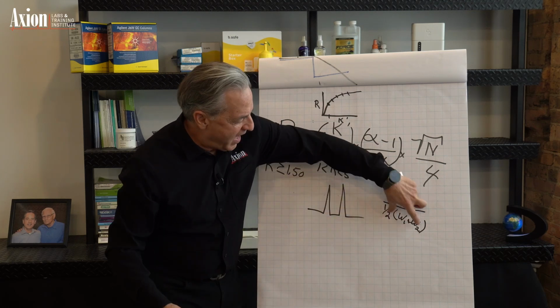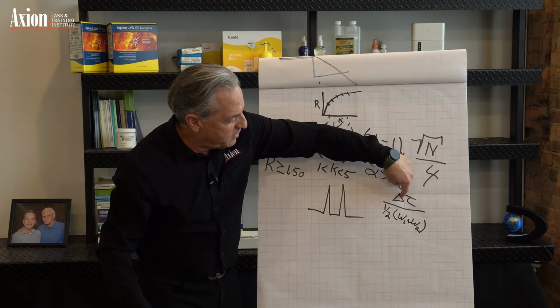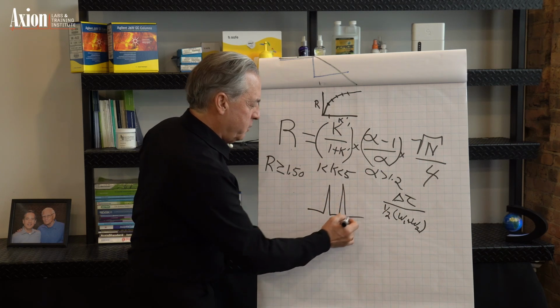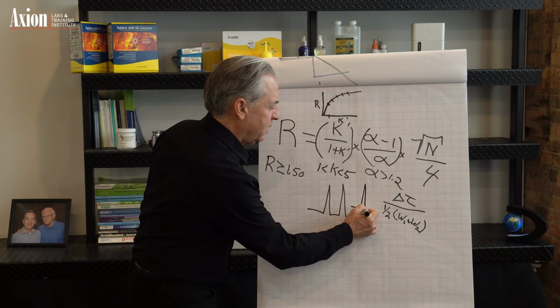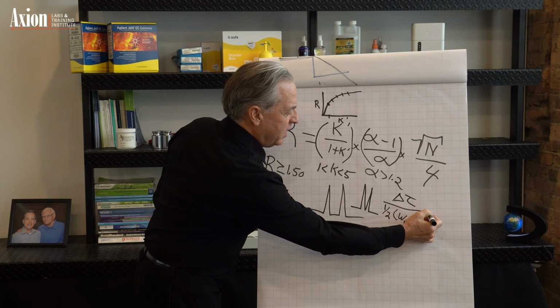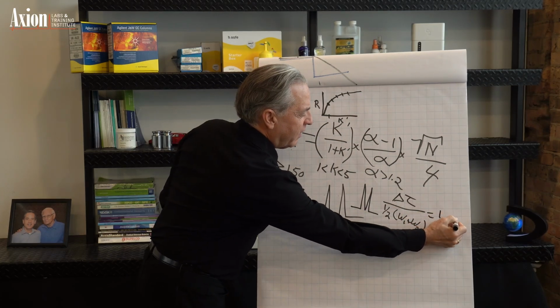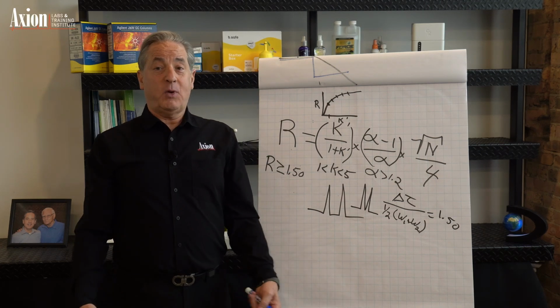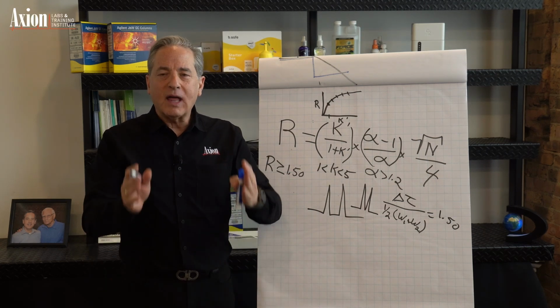So it's the average of the peak widths, and the difference in time divided by that. So that sort of says if we get two peaks that are just barely separated, that would equal 1.5.